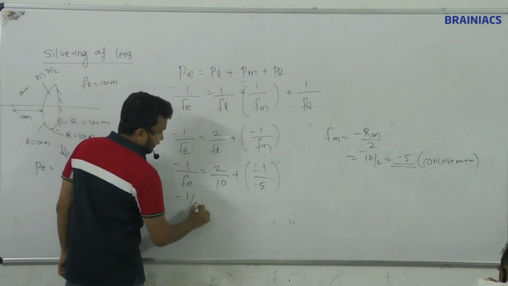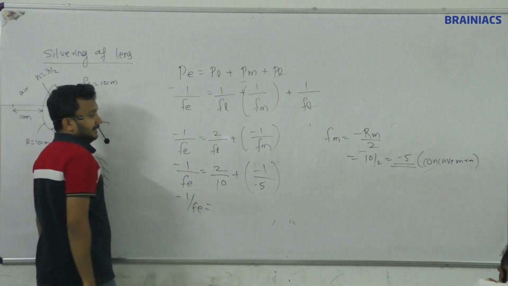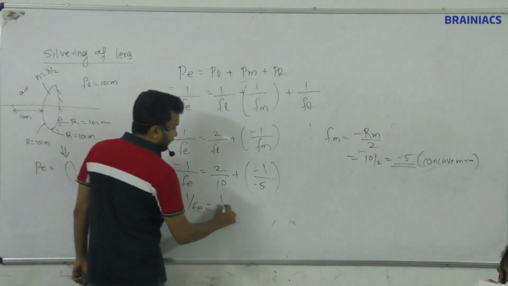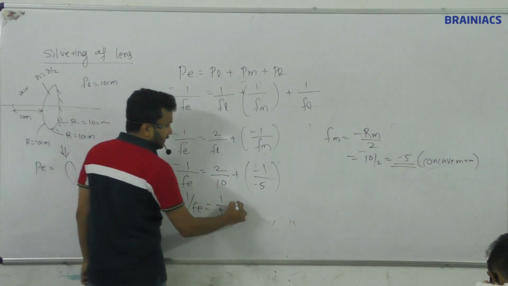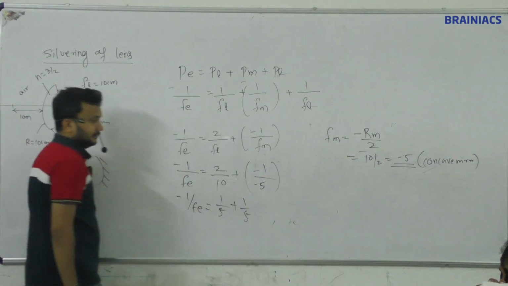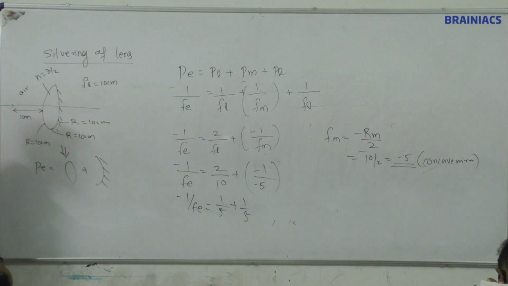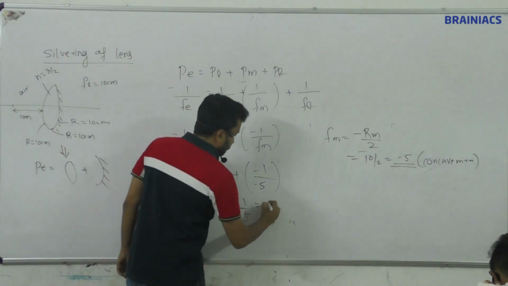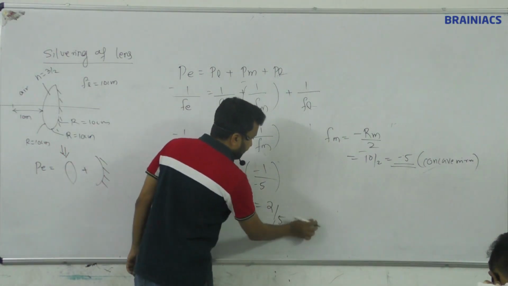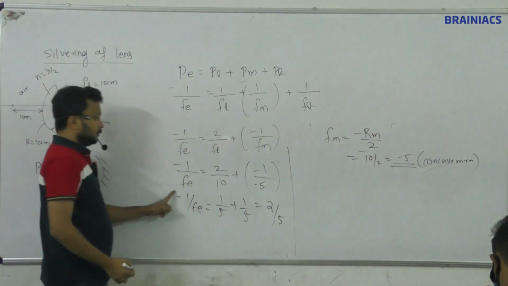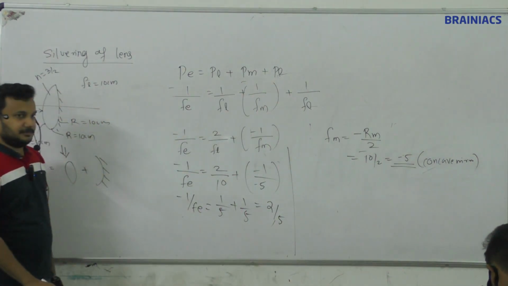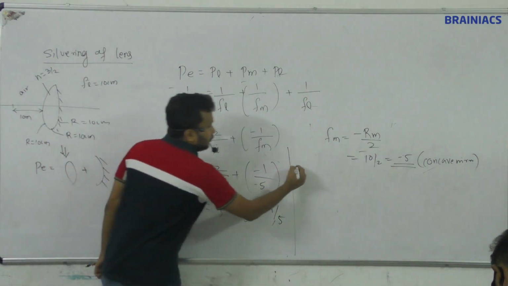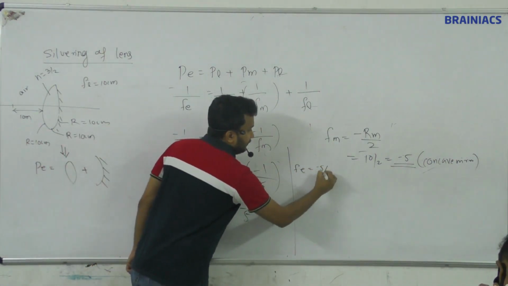Minus 1 by Fe equal to 1 by 10 plus 1 by 5 plus 1 by 5. Minus minus becomes positive. So this is 2 divided by 5. Minus 1 by Fe is 2 divided by 5. So Fe is equal to what? Minus 5 by 2.